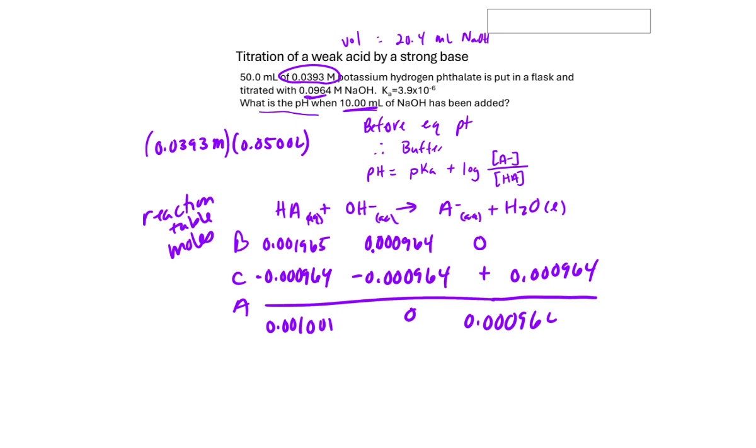So after the reaction happens, we have 0.001001 moles of HA, and we have 0.000964 moles of A minus.